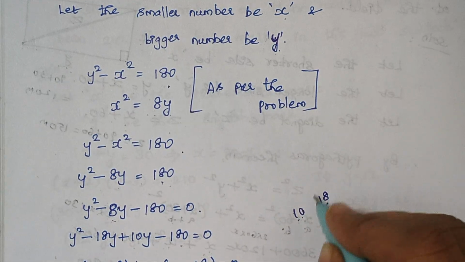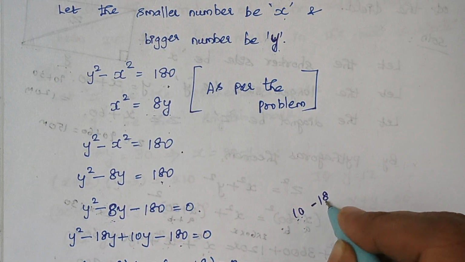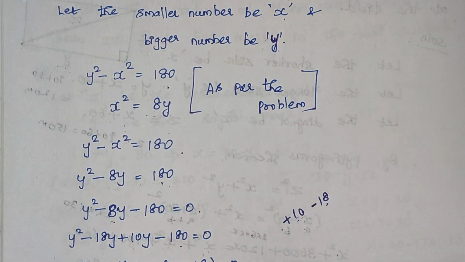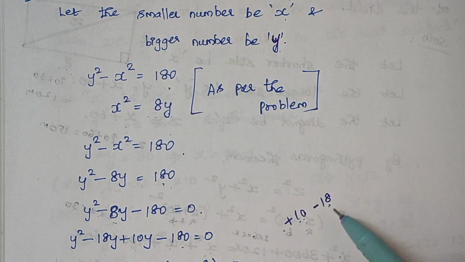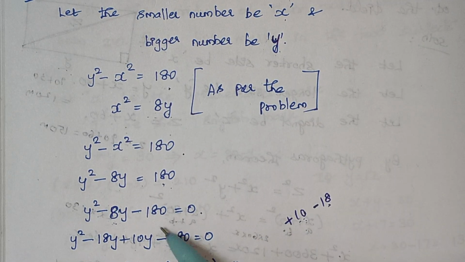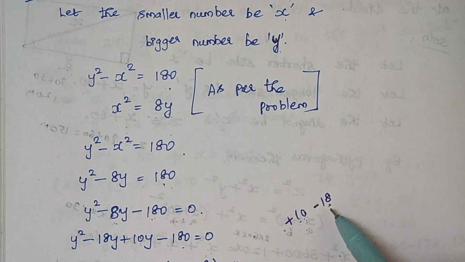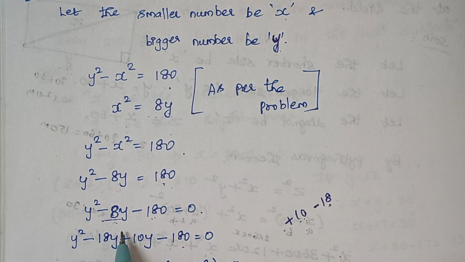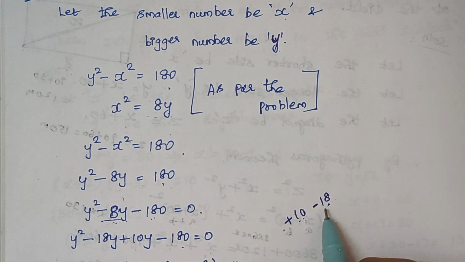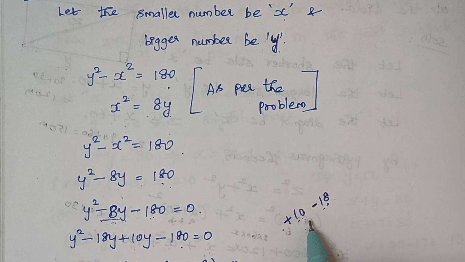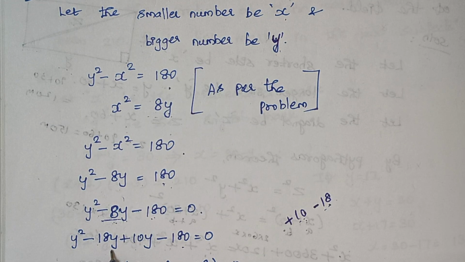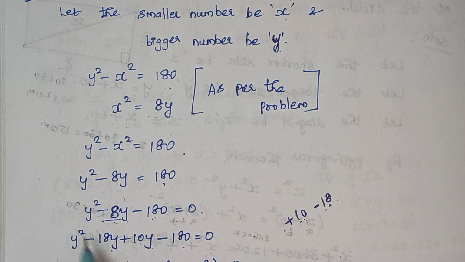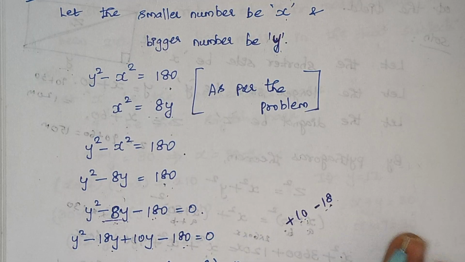So the bigger number is assigned the minus sign and the smaller number the plus sign. Minus 18 into 10 gives you minus 180 and minus 18 plus 10 gives you minus 8. This is what we need. Therefore, we split minus 8y as minus 18y plus 10y, and the first and last terms remain as such.